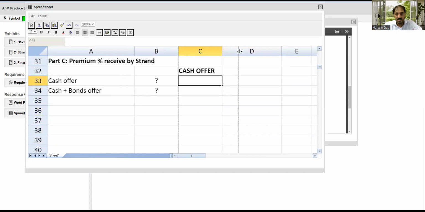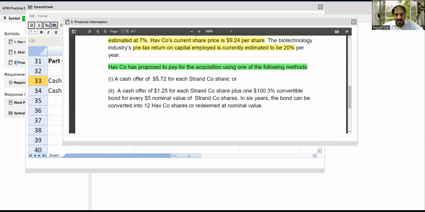Here they will receive 5.72 for each share.